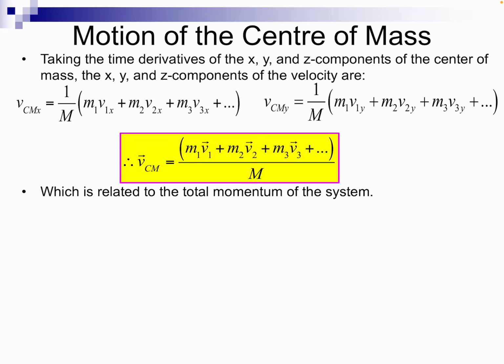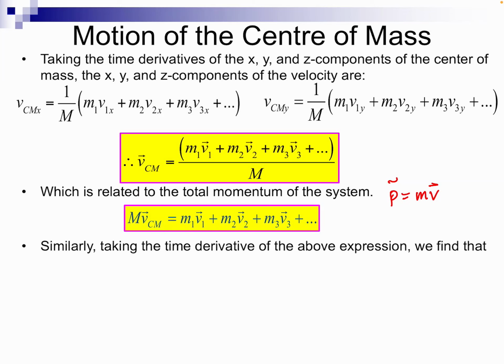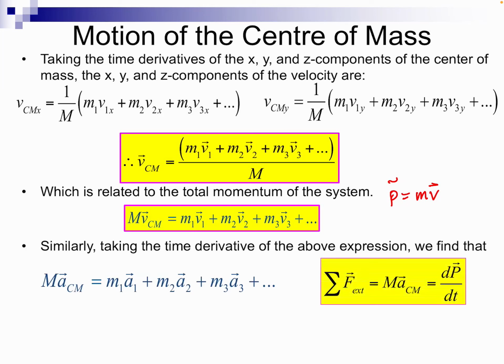And then we can also relate this to momentum, because momentum is equal to mass times velocity. Then the momentum will be the mass times the velocity of the center of mass. And we can also take some form for the force, because force is just mass times acceleration.